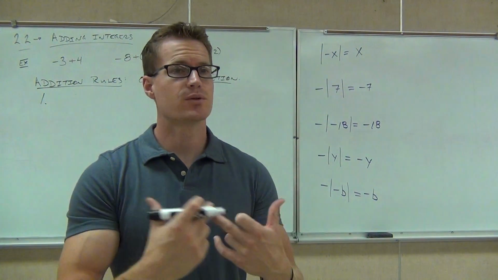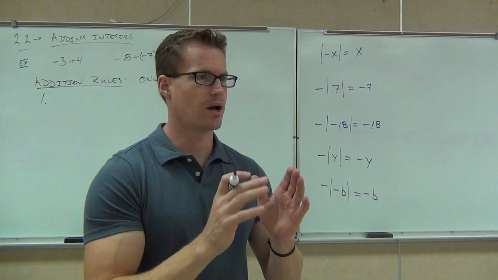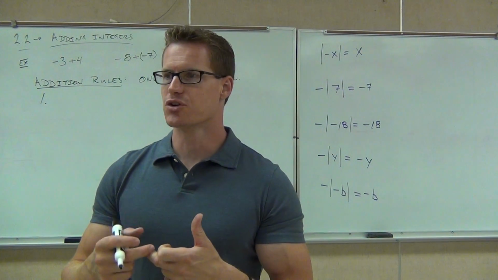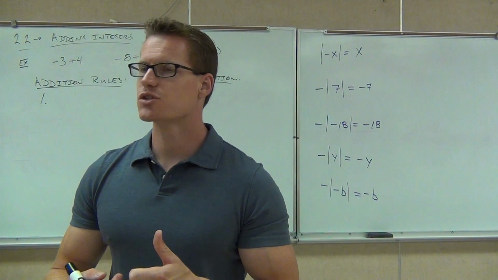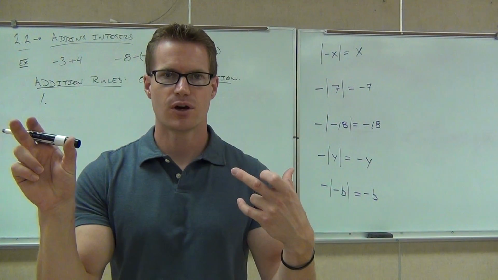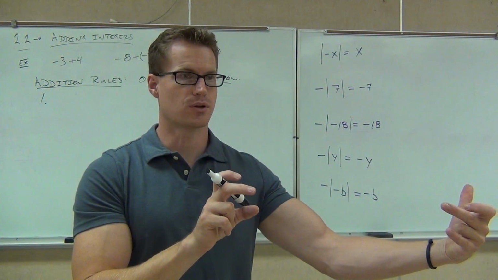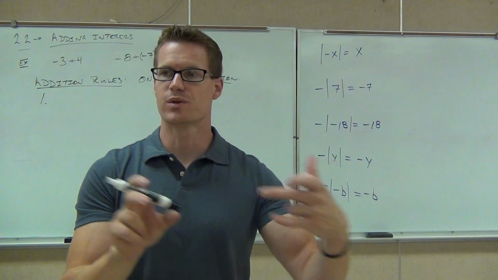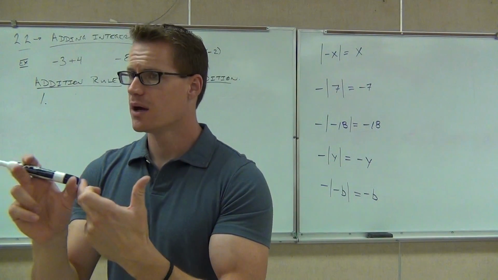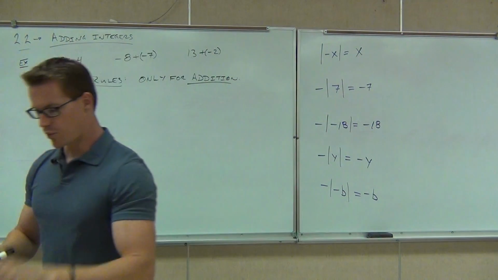You're going to add those numbers together, I'm talking absolute value-wise, and you're going to keep the common sign. So if you're adding a negative and a negative, you're going to get a negative. Are you clear on that? So if you're adding numbers with the same sign, you're going to add them, and you're going to keep the common sign. That's rule number 1.